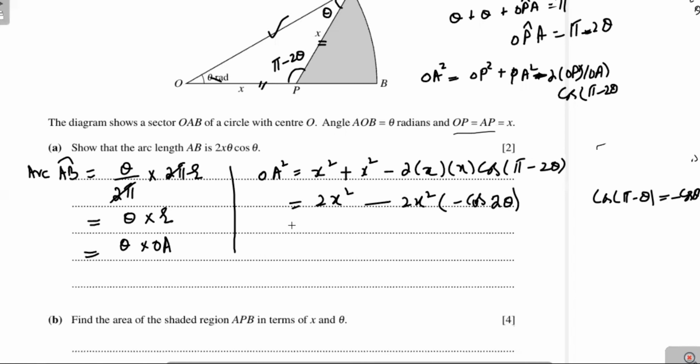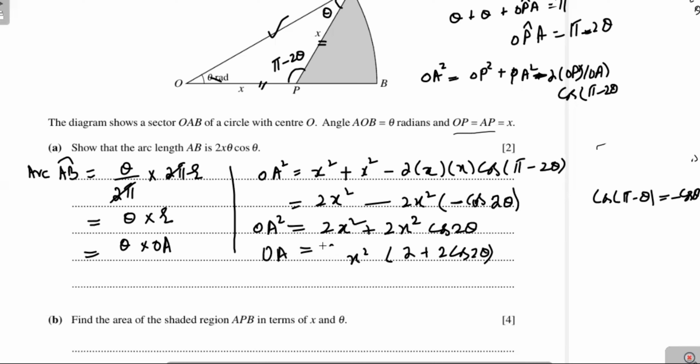And now we simplify this: 2x squared plus 2x squared cos 2 theta. 2x squared is taken as a common factor, therefore we write 2 into 1 plus cos 2 theta, and we take the square root on both sides.